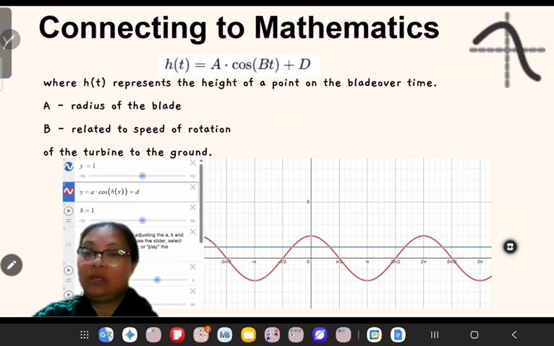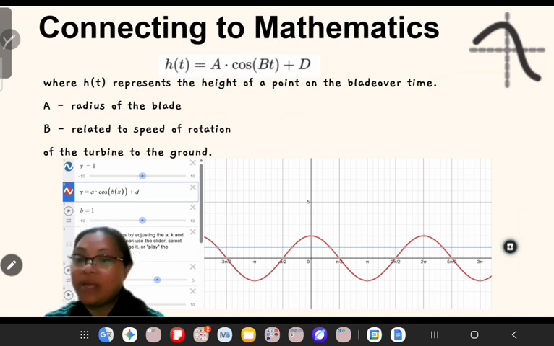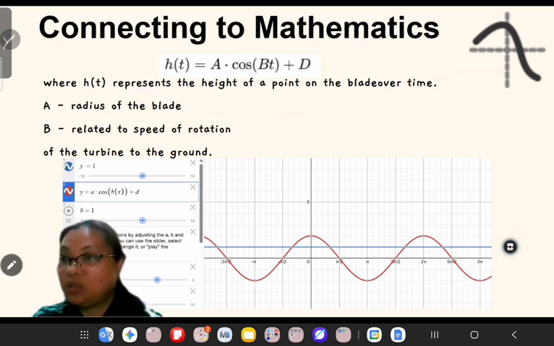in using Desmos. So I will introduce a basic model of circular motion using a sine or, say, cosine function. In this function, which is a cosine function, A represents the radius of the blade, B is the speed of rotation, and of course D is the vertical translation of the graph.